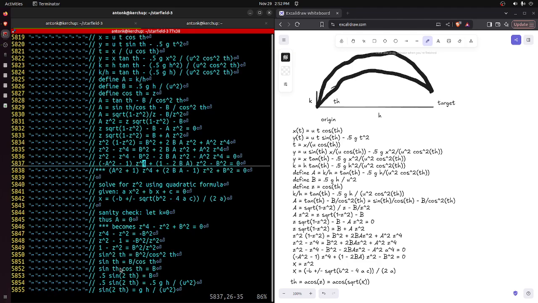And so we multiply both sides by cosine of theta. And there's an identity which says that sine of theta times cosine of theta is just 1/2 sine times 2 times theta, which is equal to b.